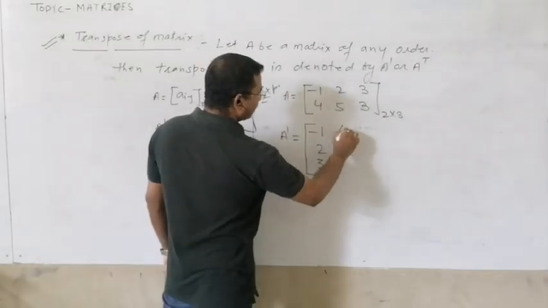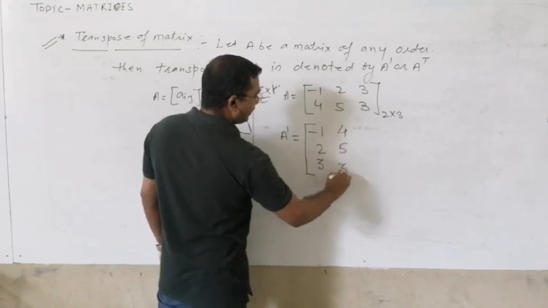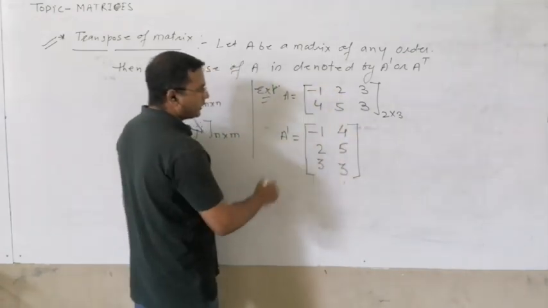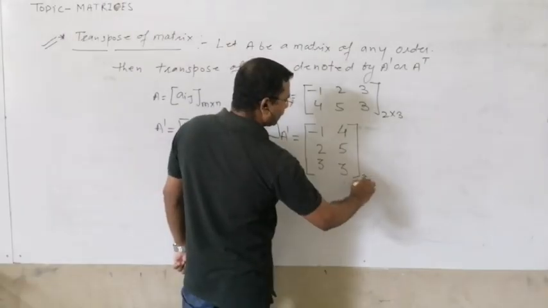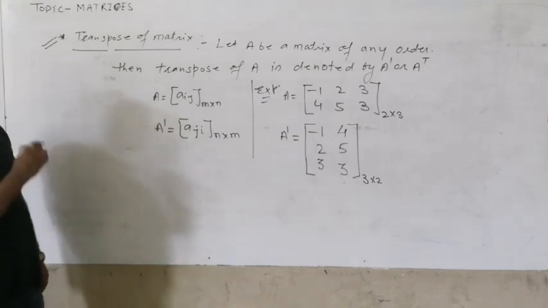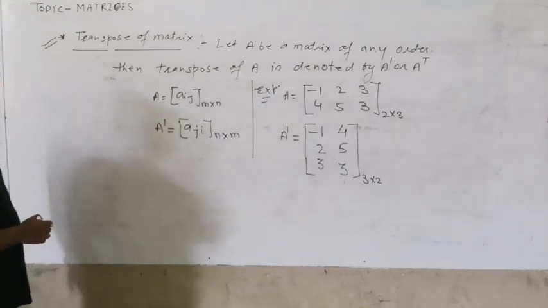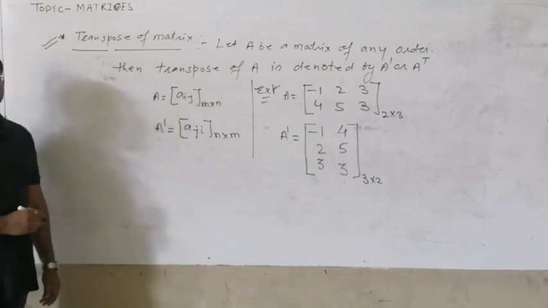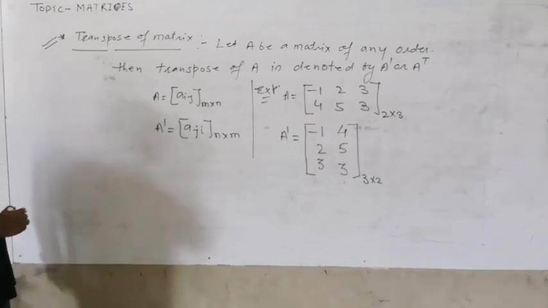So it will be now 4, 5 and 3. So now this becomes transpose of the matrix A. Order becomes now 3 by 2. So it is immaterial whether the matrix is given a square matrix or a rectangular matrix. It is applied on a matrix of any order.